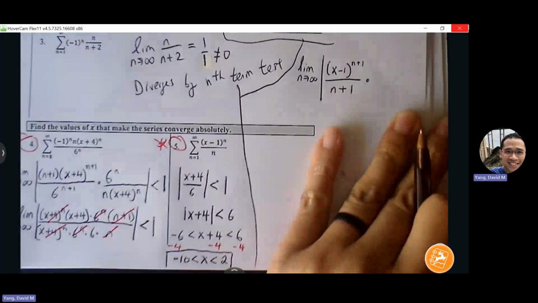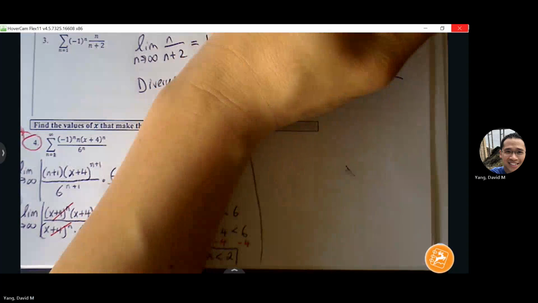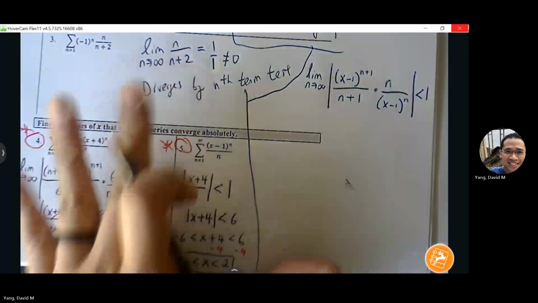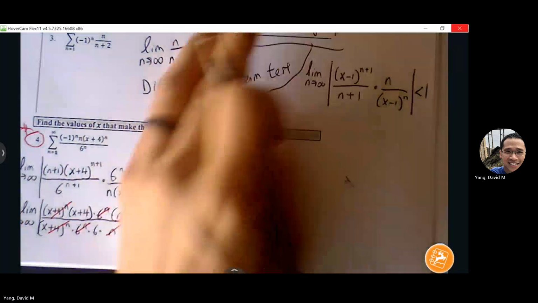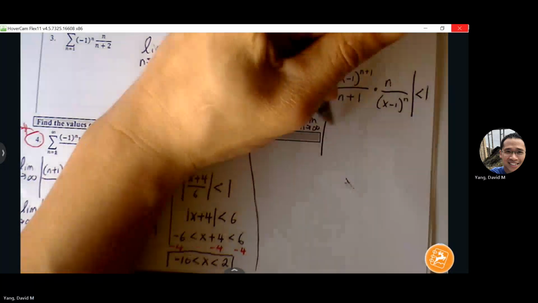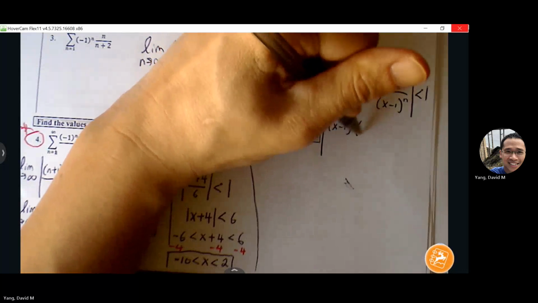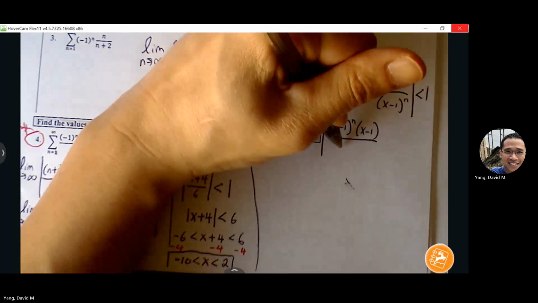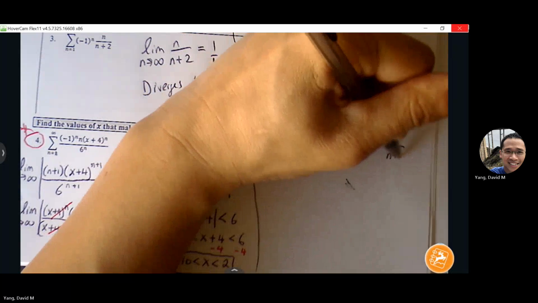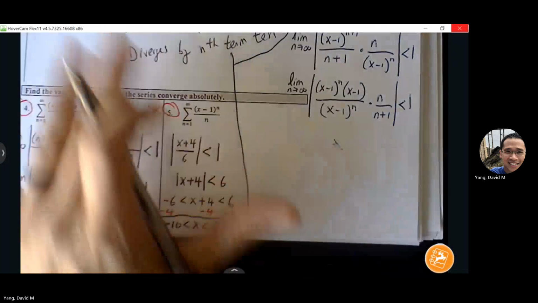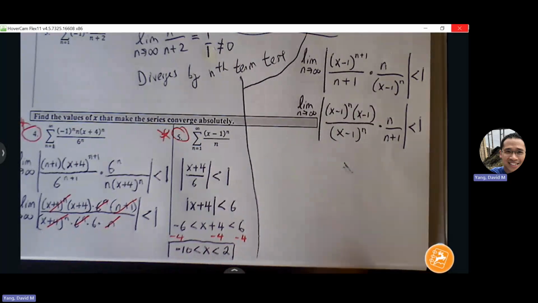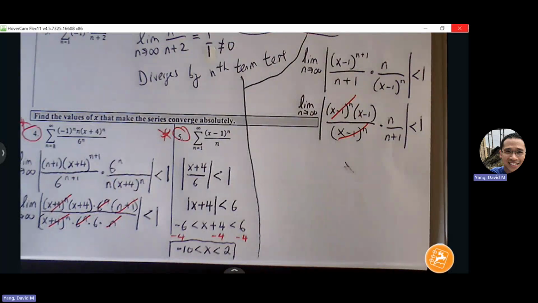Multiply by the reciprocal of a sub n. x will be left over, but let's see what happens with the n's. n and n plus 1 cancels out nicely for us. What else? x minus 1 to the n cancels out. I'm just left with x minus 1.